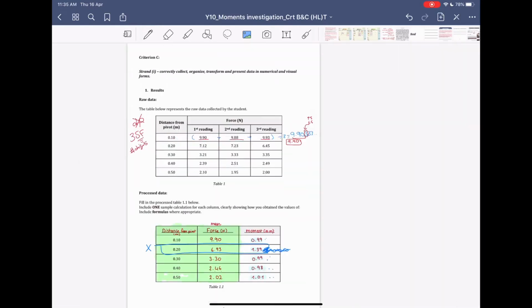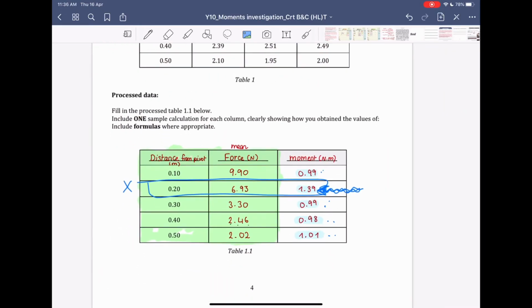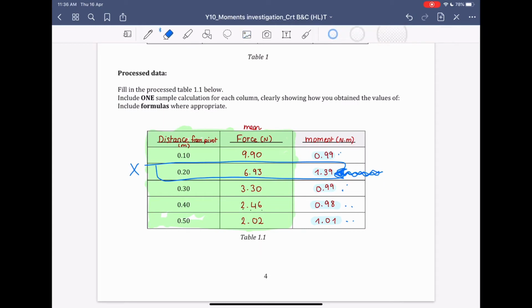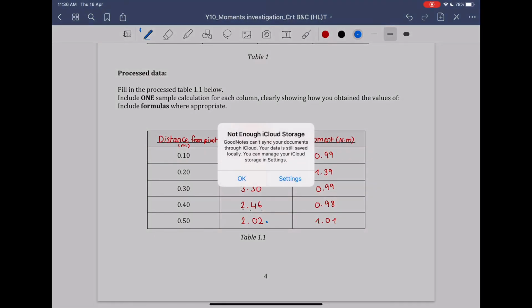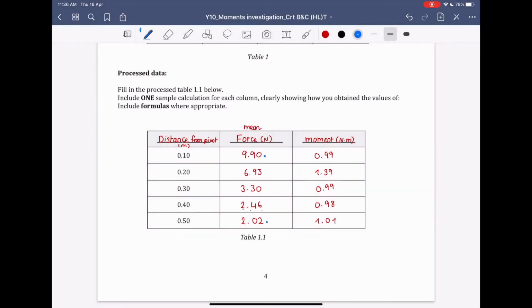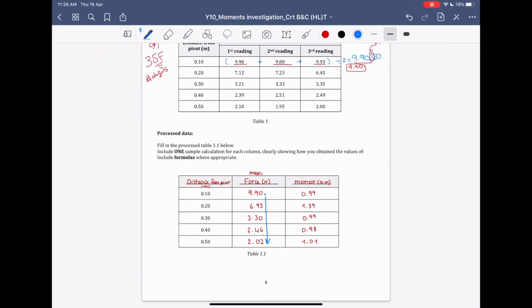Also, by analyzing the force from the processed data table that we collected, we can notice that the force decreases from 9.90 Newton to 2.02 Newton when the distance in meter from the pivot increases, and that's based on the data collected. This is what they want us to show.